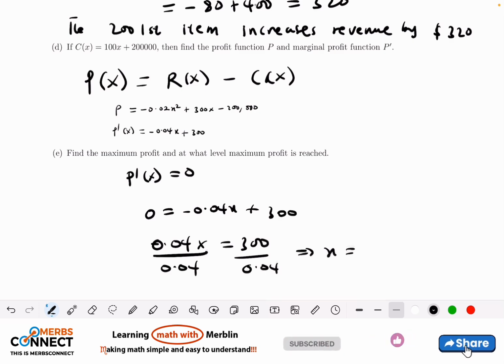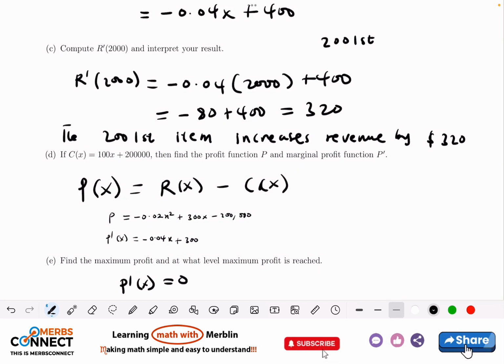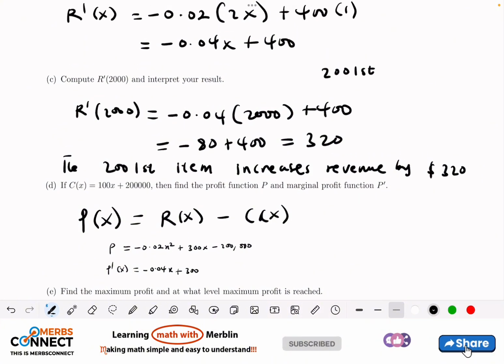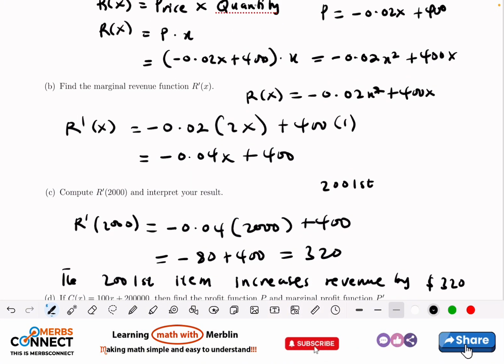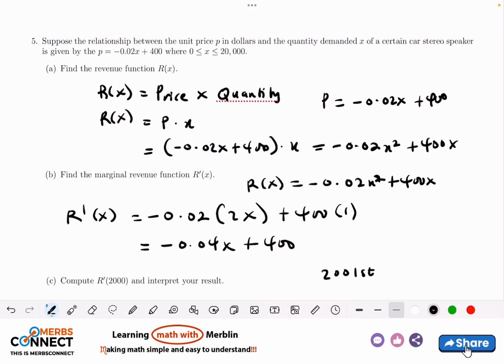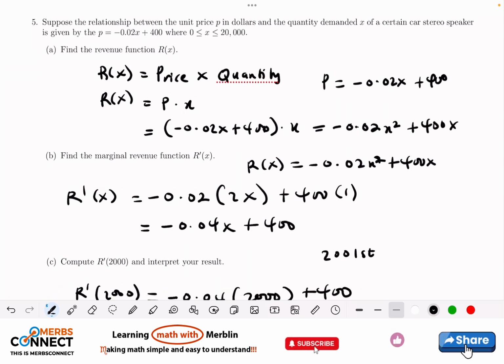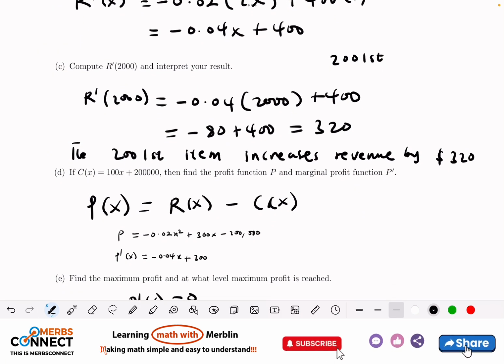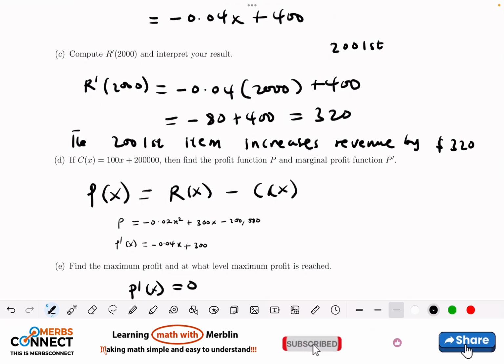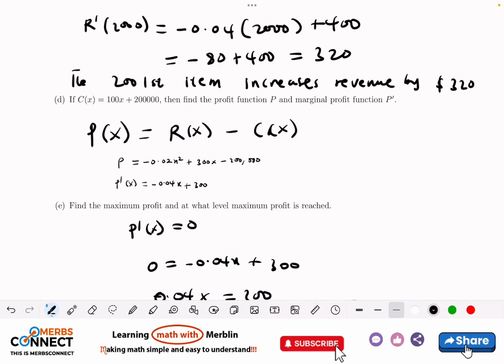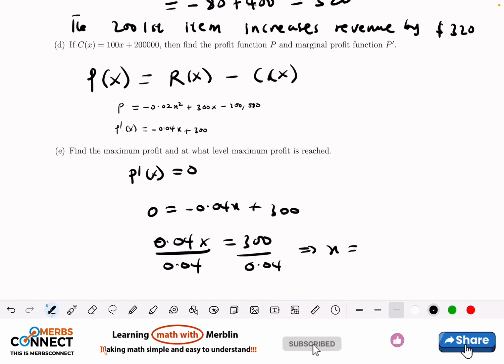let me check something. Am I doing the right thing? Yes, I'm doing the right thing. Okay. So when I'm doing the division here, this one is like 1, 2, 1, 2, meaning that I'll add 2 zeros to this.